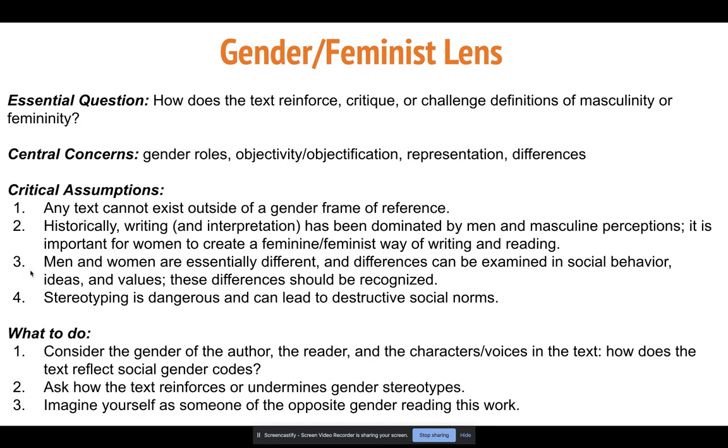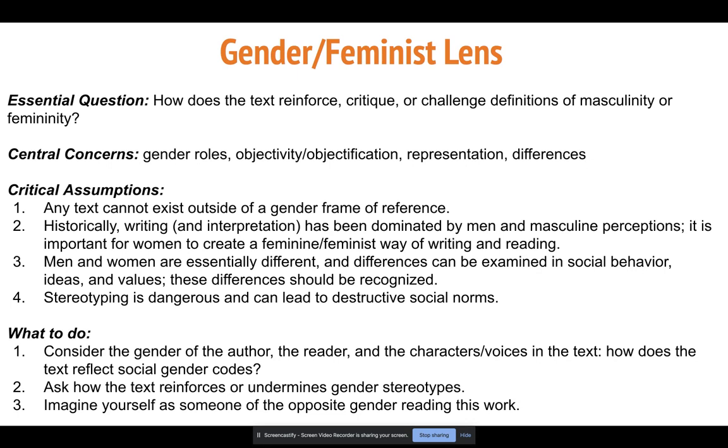Number three, this is the third assumption. Men and women are essentially different, and differences can be examined in social behavior, right? Things that we do, the ideas that we have, the things or places or people or ideas that we value. And these differences should be recognized, right? So what they're saying is it's okay to talk about the differences in men and women. You're not doing anything wrong when you talk about, critique, and examine those differences, right? We're staying away from stereotypes.